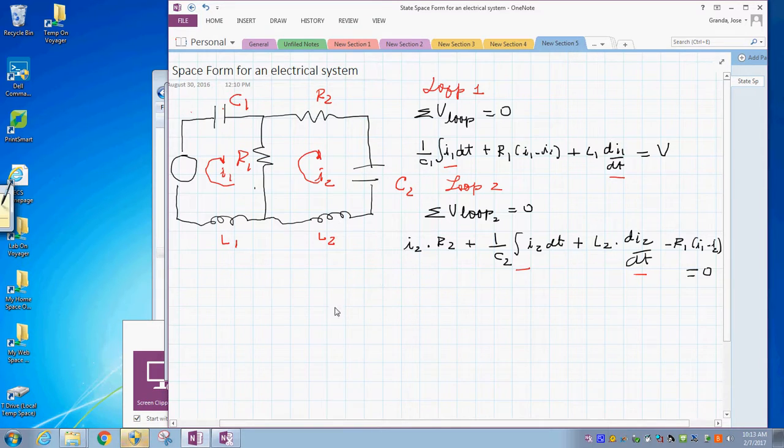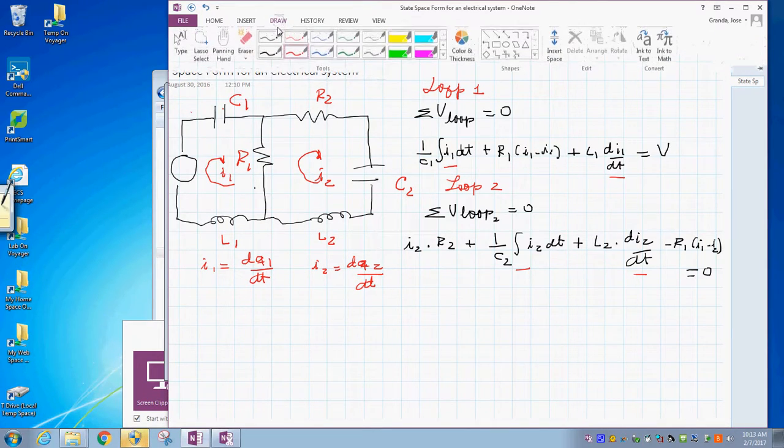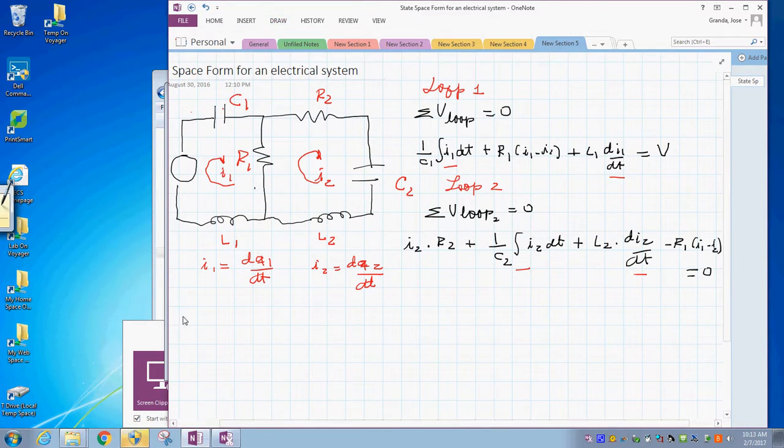So what we're going to do is to say that I1 is equal to dq1 dt, which is the charge, and that I sub 2 is dq2 dt, which is the charge on the other one also. So if this is true, then we can write our equations in a little easier form.